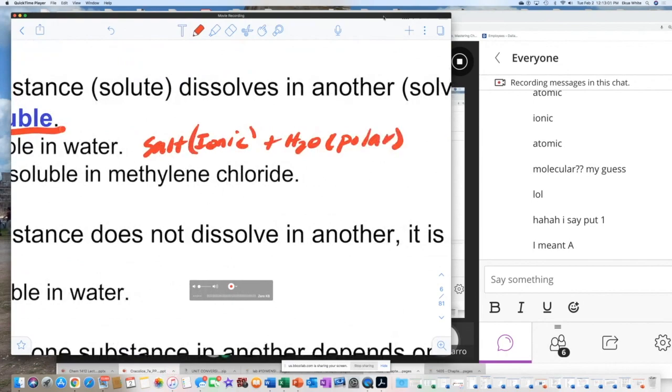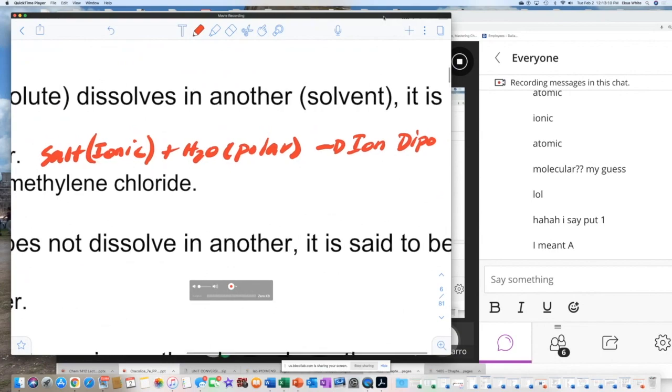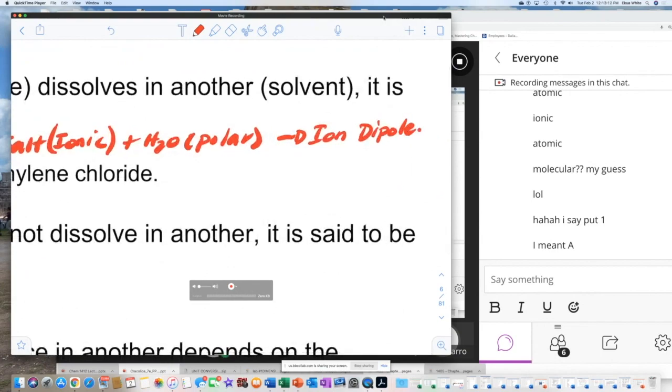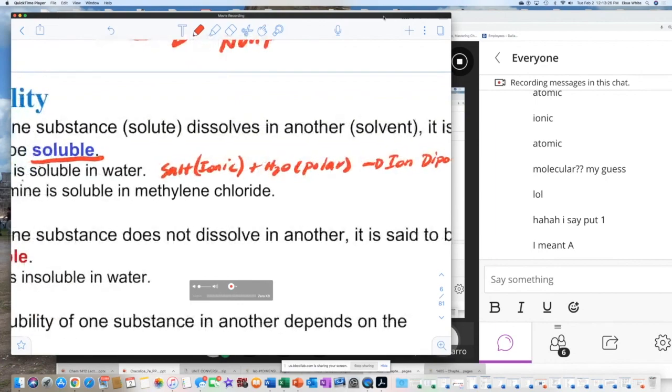So when these dissolve, they're using an ion-dipole way of dissolving. The salt, usually the ion interacts with the water. So the water plays the role of polar. The salt is an ionic compound, so it's the ion, and that's how they get together, right?